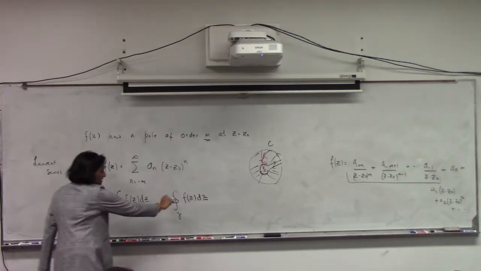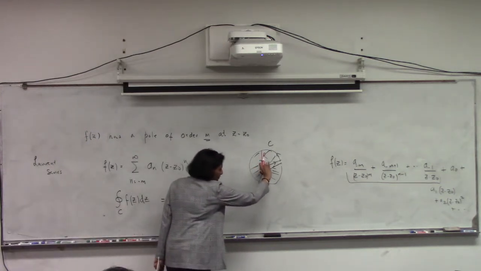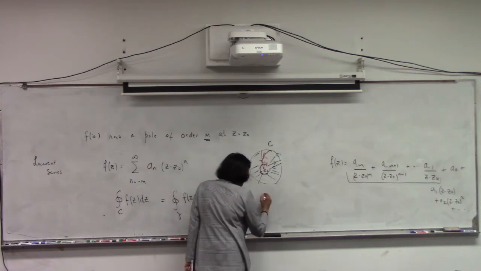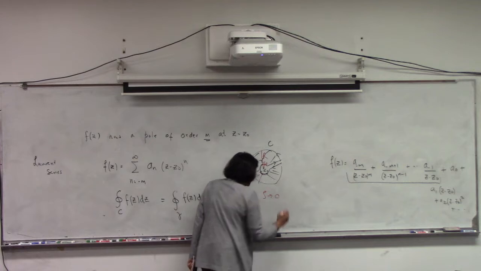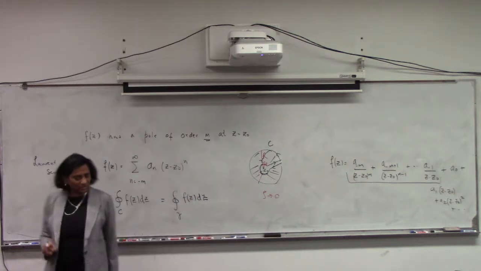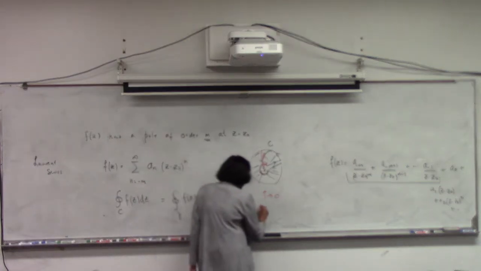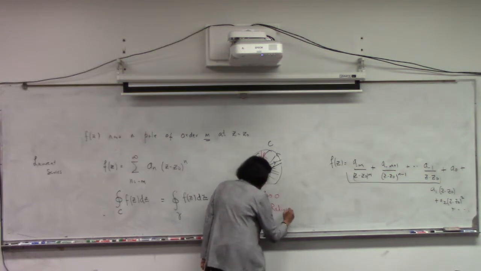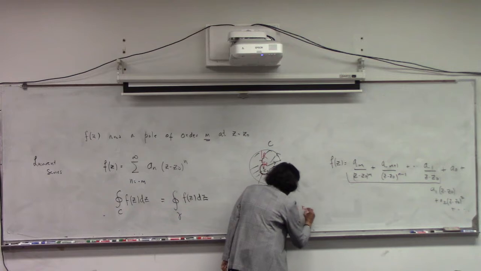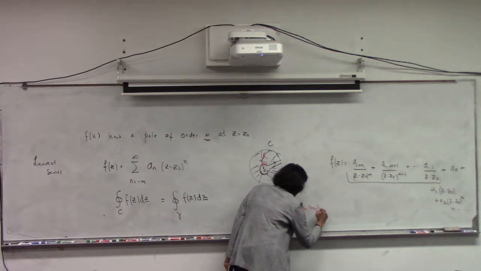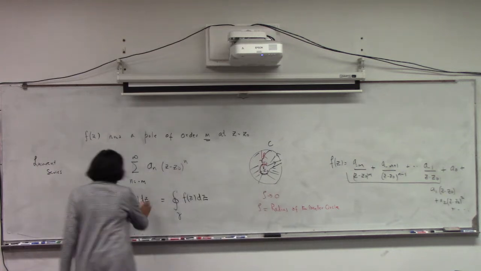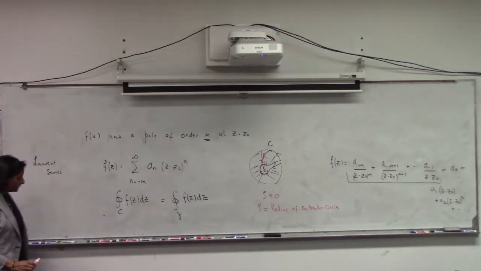This can be as small as we want, and that r can be as big as we want. So we want to look at this in the limit rho tending to 0. Rho is the radius of the smaller circle. So this also we had proved previously.